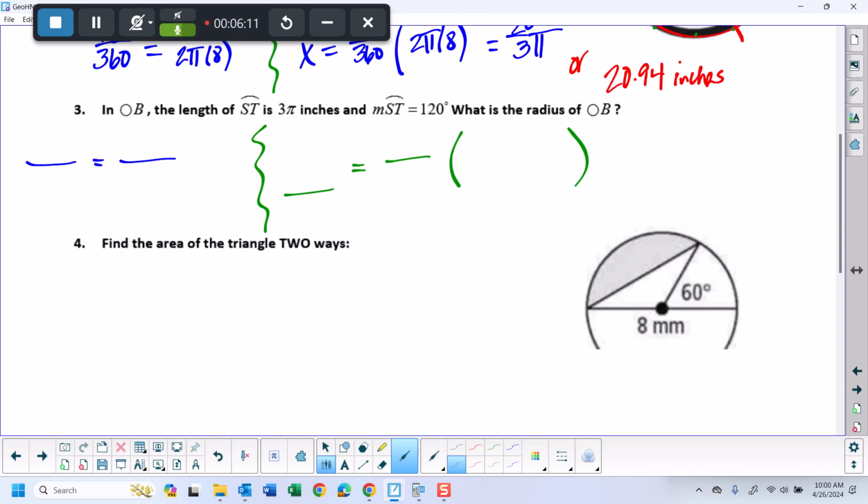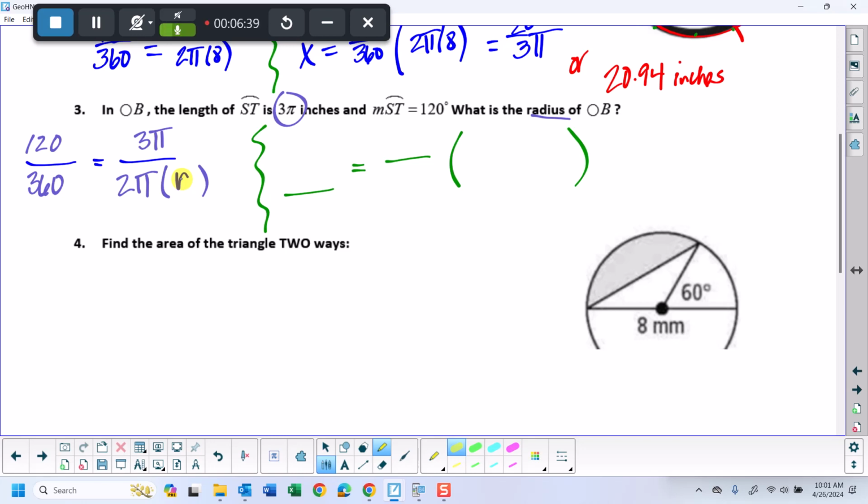I know I have 120 out of the possible 360 degrees. I know the length of my arc is 3 pi, and I'm comparing that to twice pi times my radius, which is what I'm looking for. So there's my unknown value in the denominator of that fraction. Cross products, multiply, divide to solve for r, not a problem.